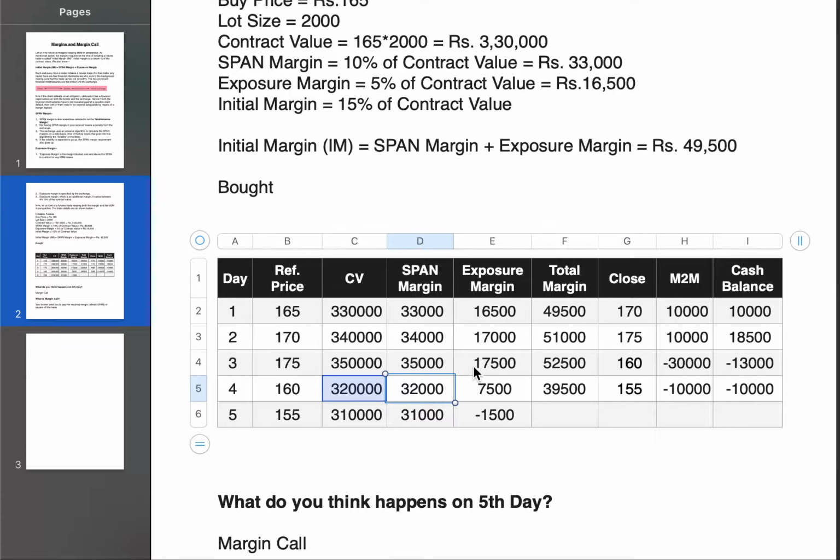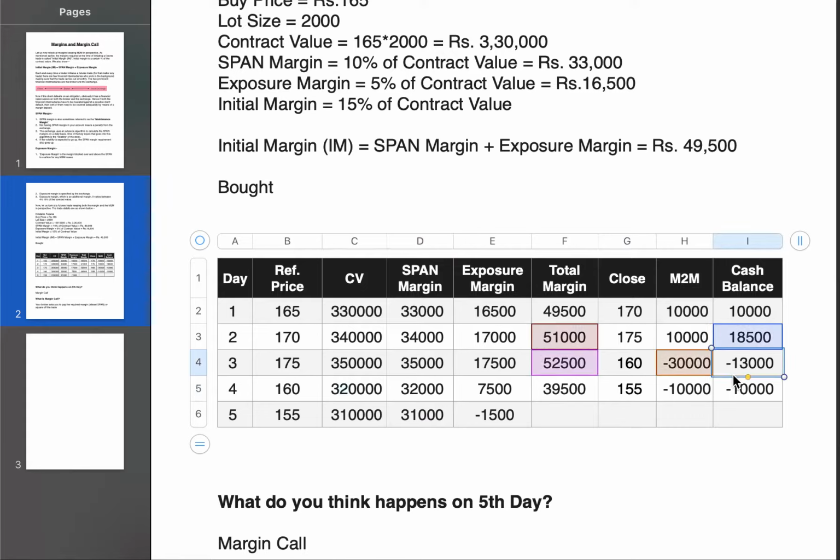All right. So what exactly has happened here is, now look at this day 3 tab and day 4 tab very carefully, because it can get a little confusing. 3,000 rupees have technically been added to my cash balance because my SPAN margin has fallen.